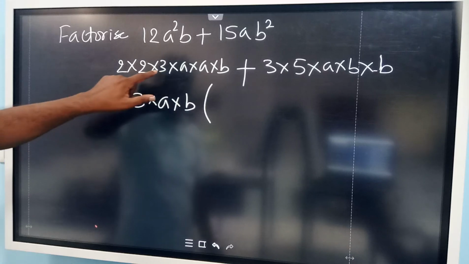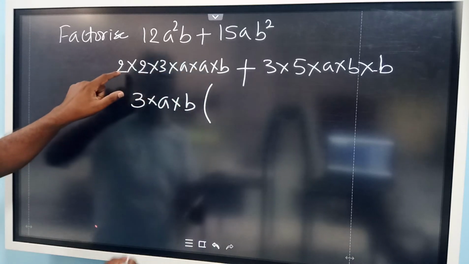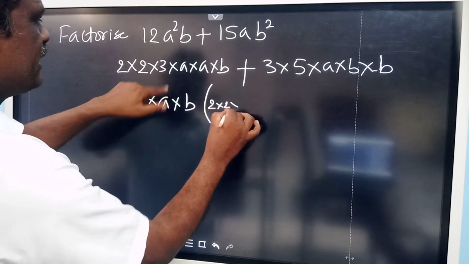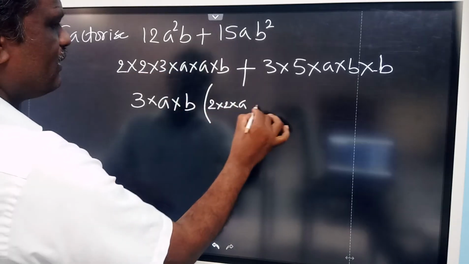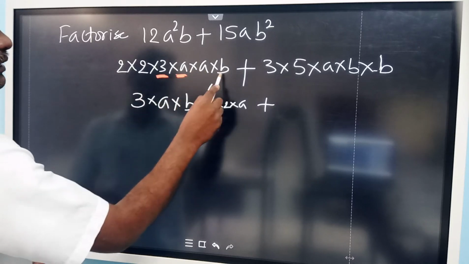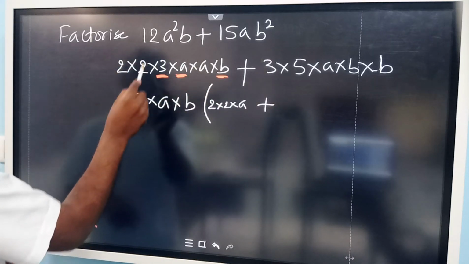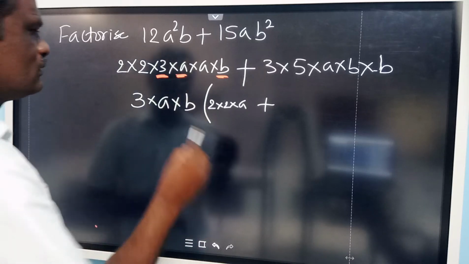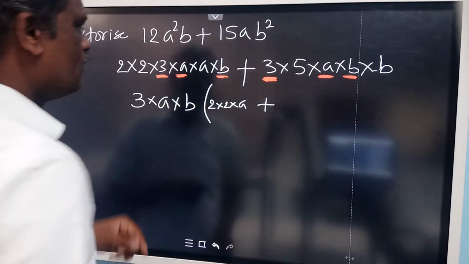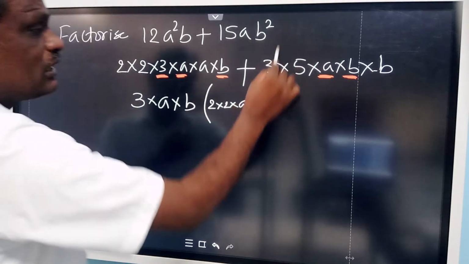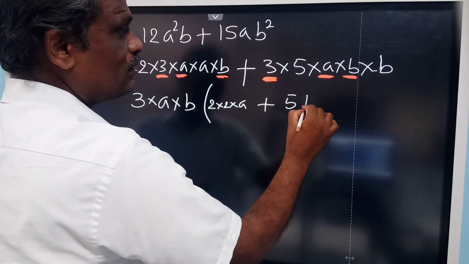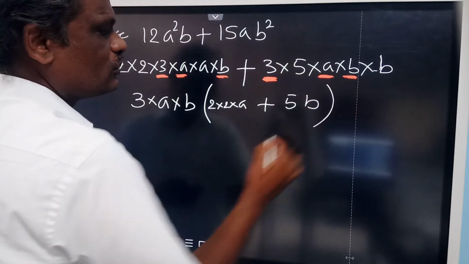Now once you remove 3ab, what will be left here? 2 into 2 and a. So you have taken 3ab, so you are left with 2 into 2 and a. Again here you are taking 3ab common. What are you left with now? 5 and b, so 5b.